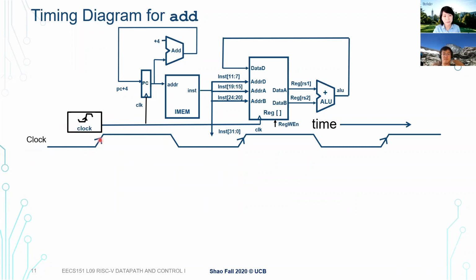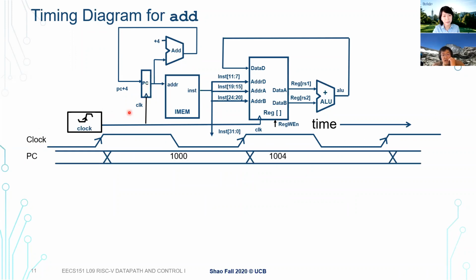Let's go from left to right, which is time. When the clock first ticks, we go through the program counter, so we update our program counter to the current instruction. Let's say 1000 points to the addition instruction that we saw earlier.